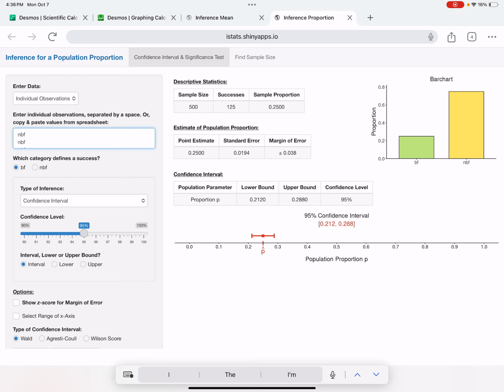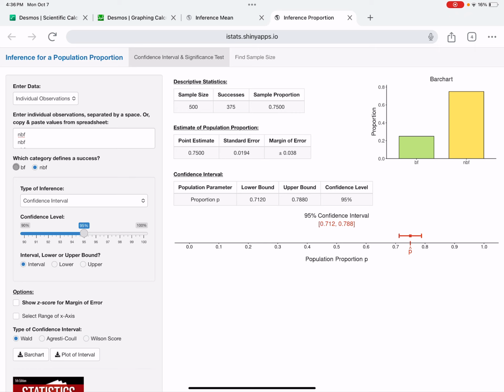Now BF stands for breastfed, NBF stands for not breastfed. We want the proportion of children who were breastfed, so we're going to choose BF as the category that defines success, right? So it's not going to be NBF, it's going to be BF. And again, we don't want a confidence interval, we want a significance test.